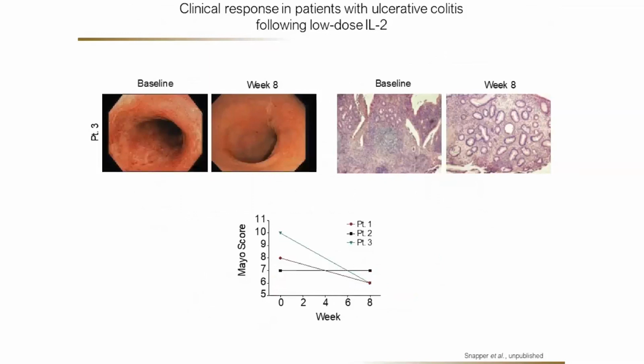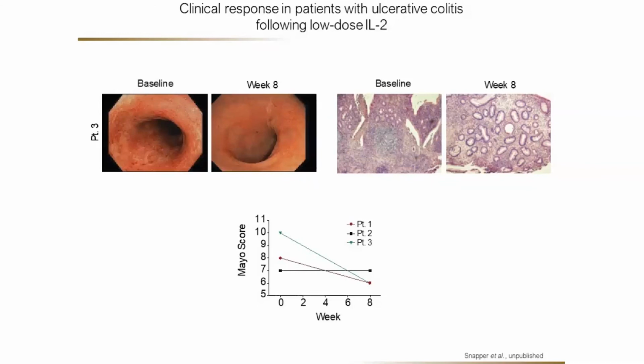So I think the value here is twofold. One, it shows that humanized mice can be a very useful preclinical model to assess a therapeutic that you can then move into the clinic and have similar efficacy.